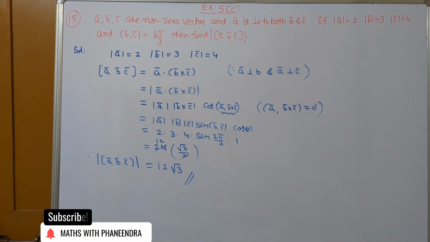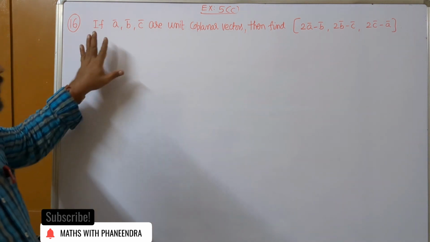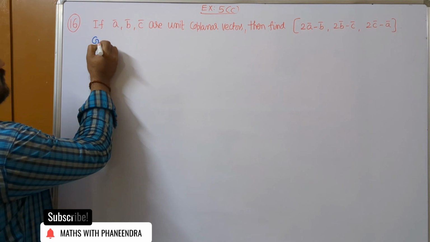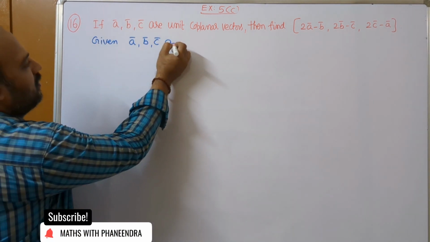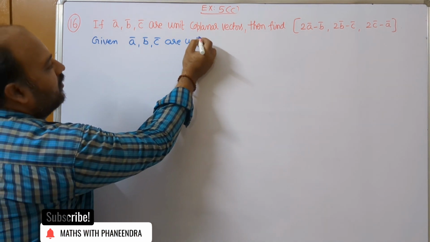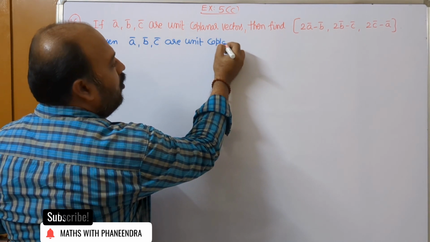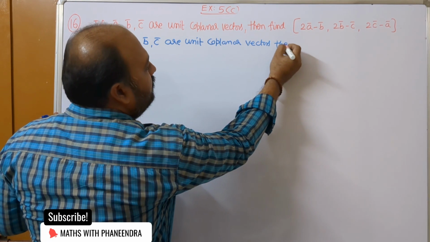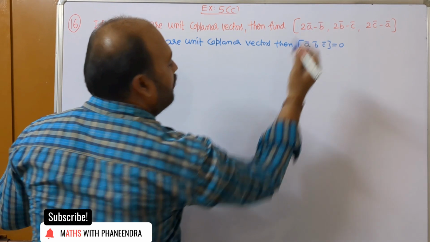We'll move on to the next question now. The next question: if A bar, B bar, C bar are unit coplanar vectors, then box of A bar, B bar, C bar equal to 0.